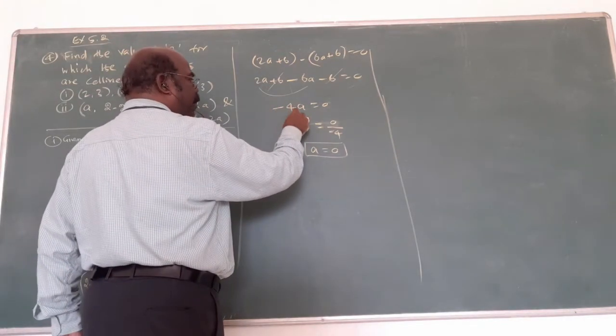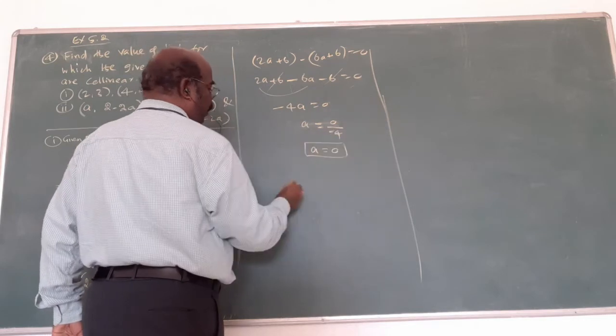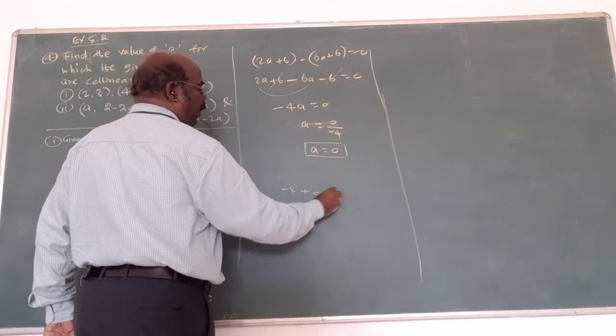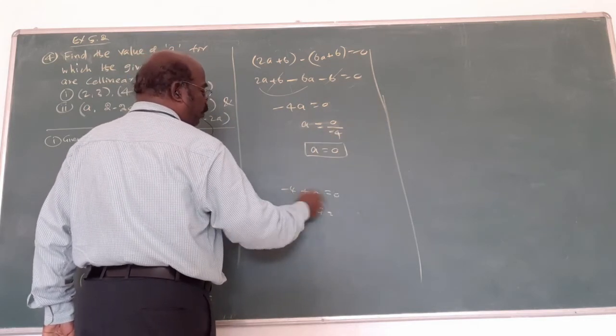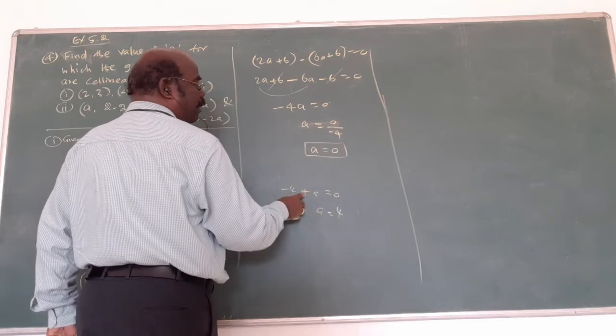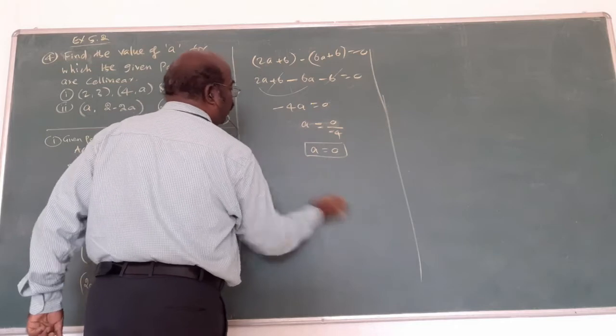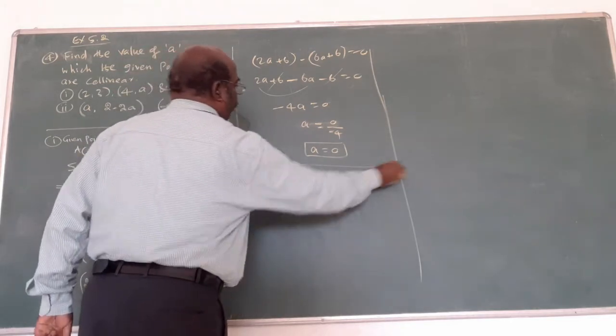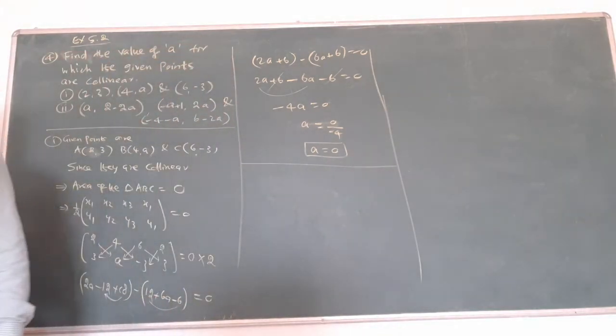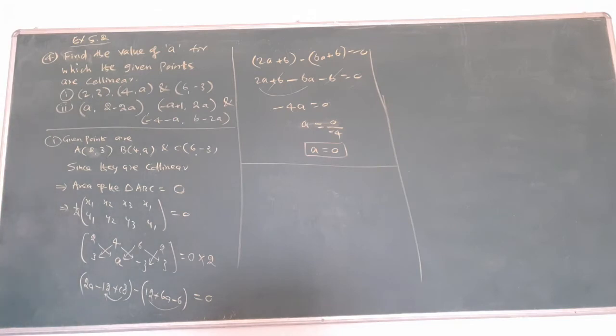Minus 4 times A equal to 0. We want A, so the minus 4 goes across, but it is multiplication, so for cross multiplication A equals 0 by minus 4, which is 0. That is the first answer. If only one equation is given, you will find the value of A.